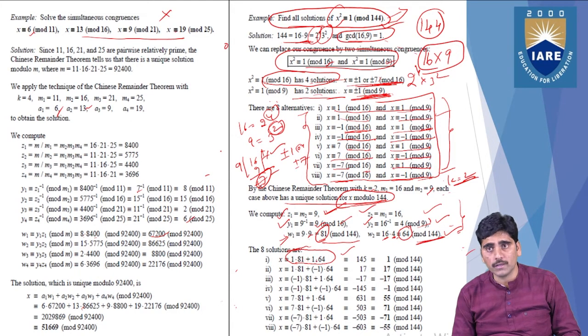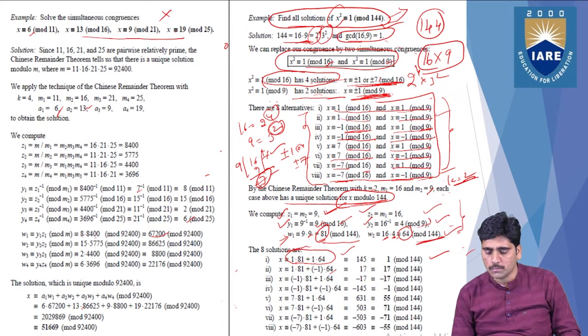So 1 into 81 plus 1 into 64 equals 145. That is nothing but 1 mod 144.